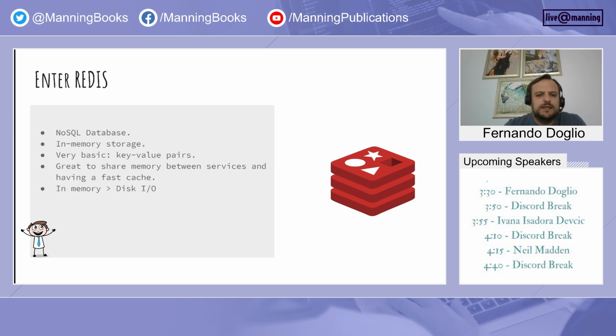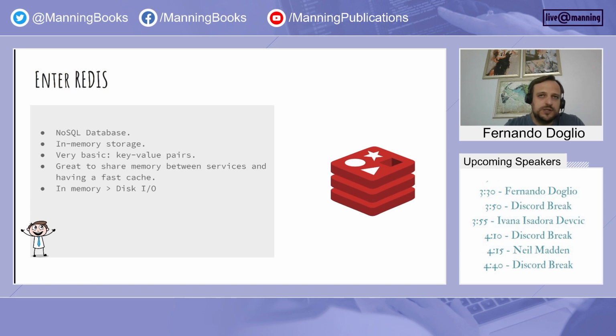There's no concept of primary key, foreign key, or any kind of relationship between records. Essentially, in Redis, you save data using key value pairs. The key, which is a string, acts as the unique identifier for a record, and then the value, which is another basic type, such as a number, a string, or a list of other basic types, but that is about it. The storage structure is very simple, very basic.